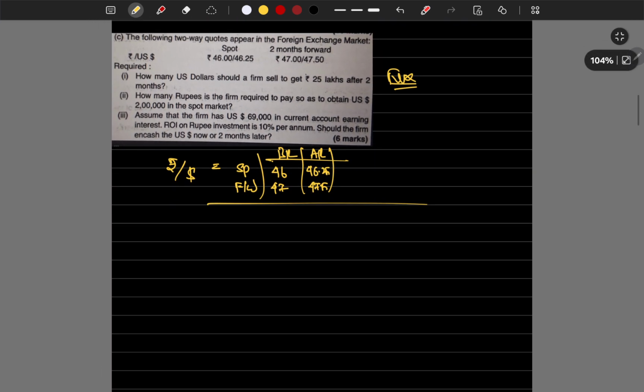Now let's quickly jump into the problem. What they have asked is, how many US dollars should a firm sell? The firm is having US dollars in hand, so they'll be selling dollars and buying rupees. If they are selling dollars, means the dealer will buy at the bid rate.